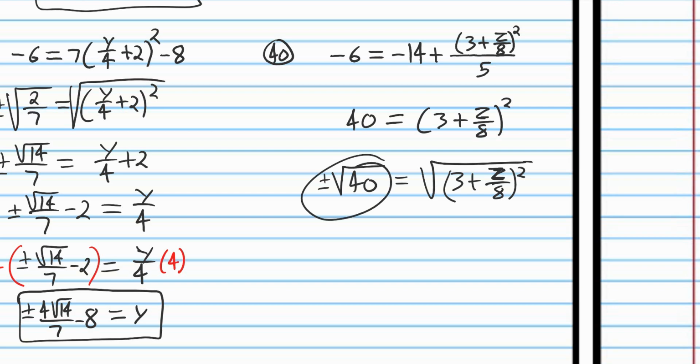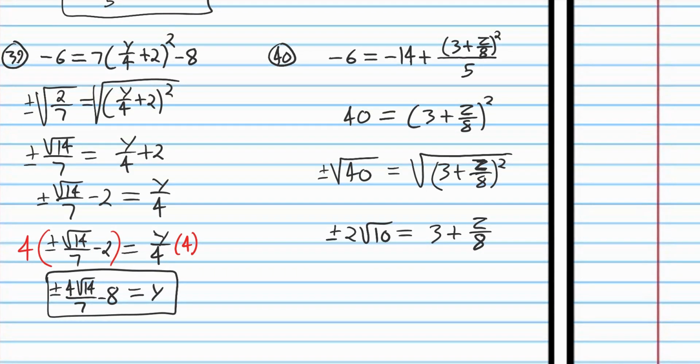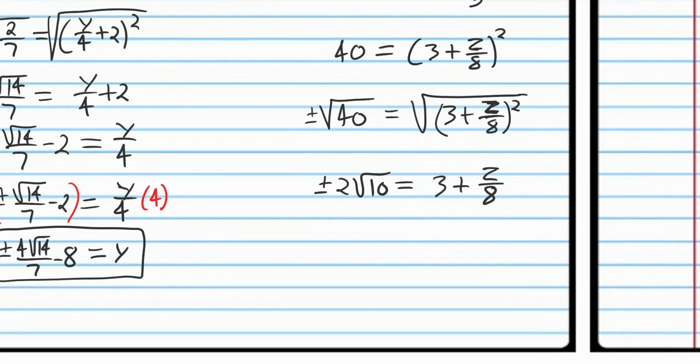And we're going to have to pull out the perfect square here because there's a perfect square factor. So 40 is 4 times 10. 4 comes out as a 2. And then I'm going to have to subtract 3 from both sides. I can put it on the left or the right. It doesn't really matter.